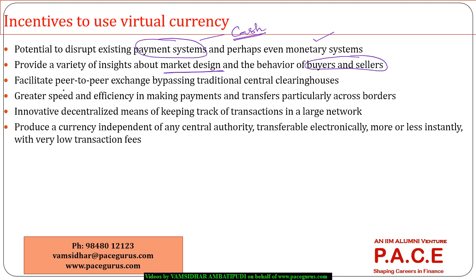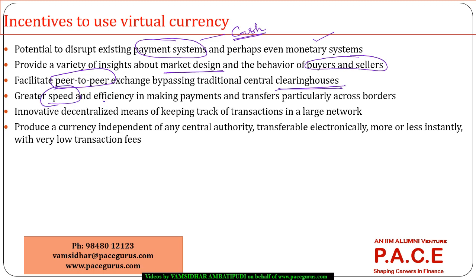First of all, this is more of a peer-to-peer exchange. So there is no clearing house, there is no exchange that is typically facilitating the buying and the selling process. So the bitcoins are purely a peer-to-peer kind of an exchange. So that is facilitated through virtual currency.